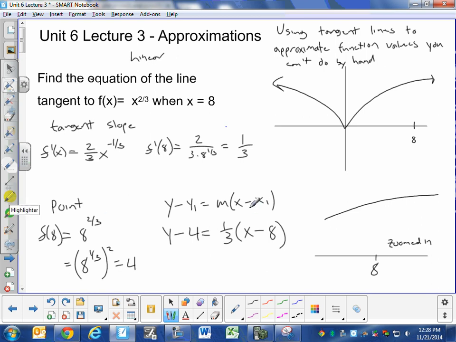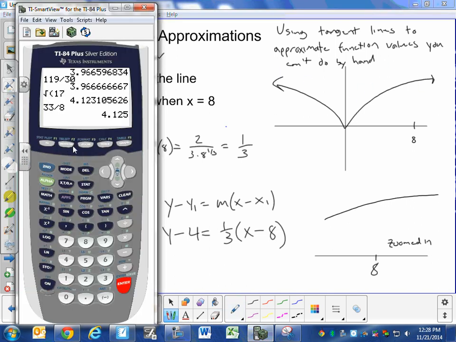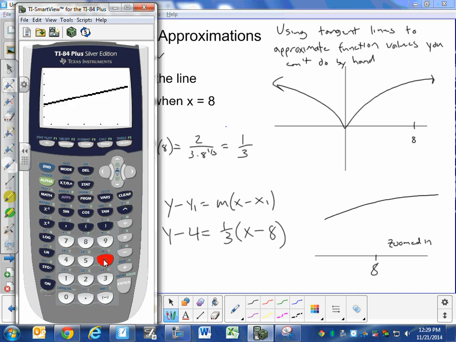All right, so that's my tangent line. Well, I'm going to go ahead and graph. I have x to the 2/3, it looks like this. And I'm going to graph the tangent equation, 1/3 x minus 8 plus 4. I won't even bother distributing. I'll just say it's 1/3 quantity x minus 8 plus 4. So let's go into Zoom Standard.